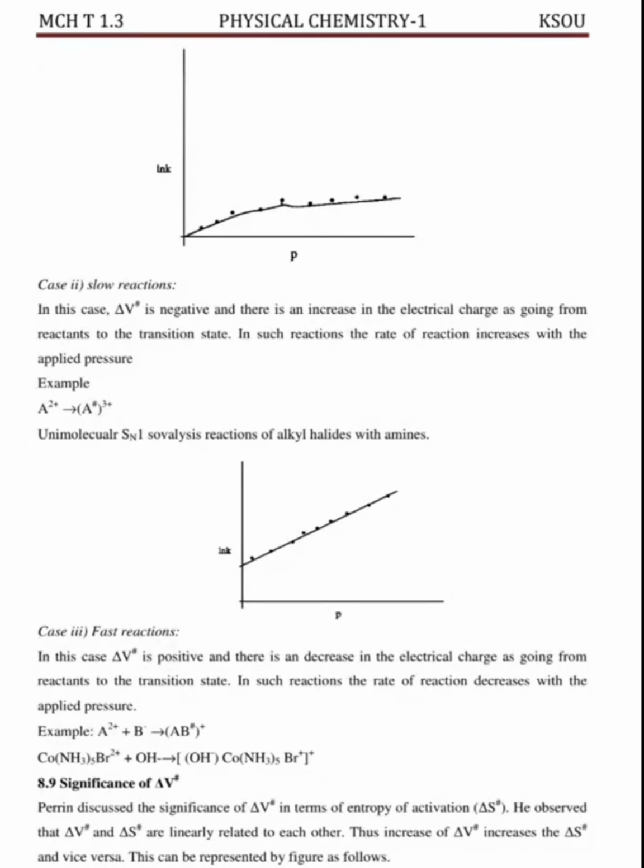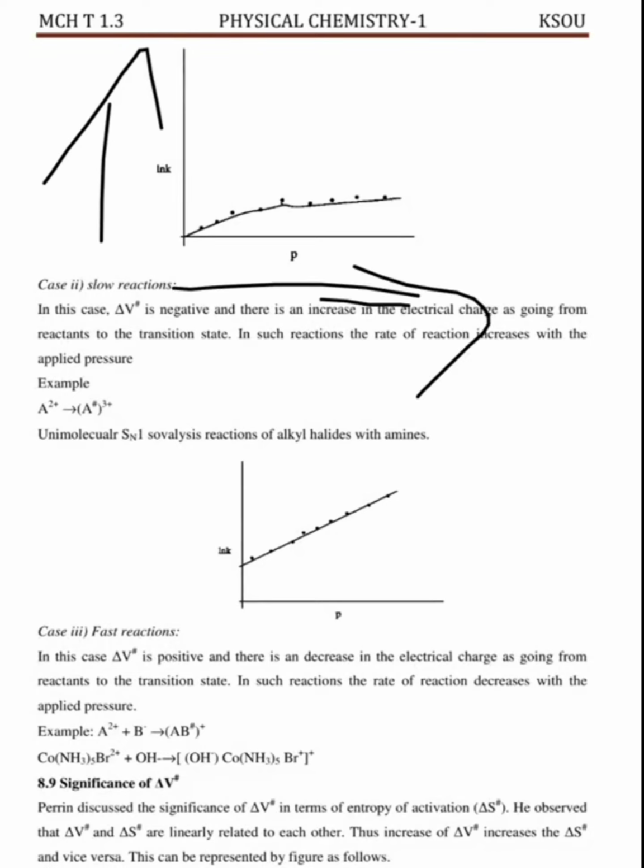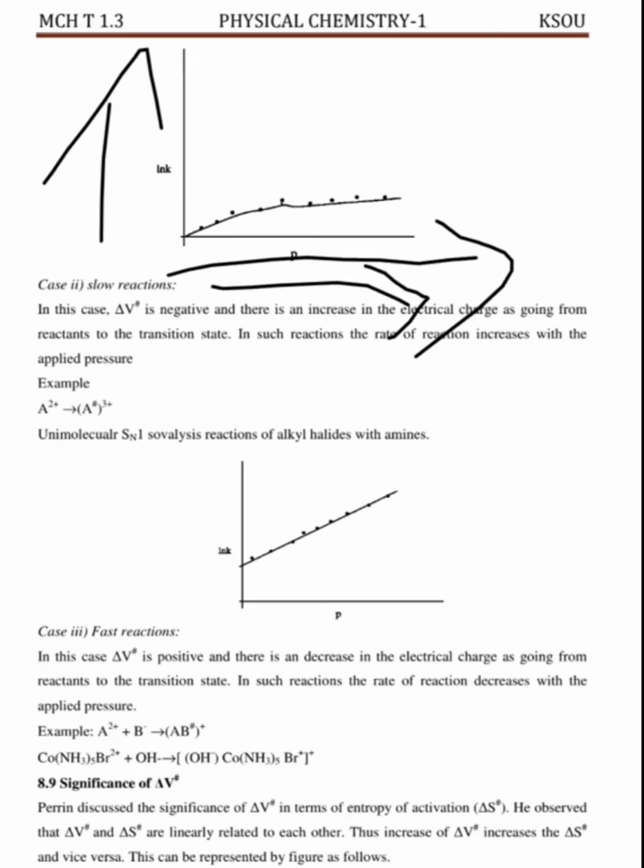From this plot, ln K or log K is plotted against P, the applied pressure. As the pressure is increased, there will be a small variation in the rate of reaction.